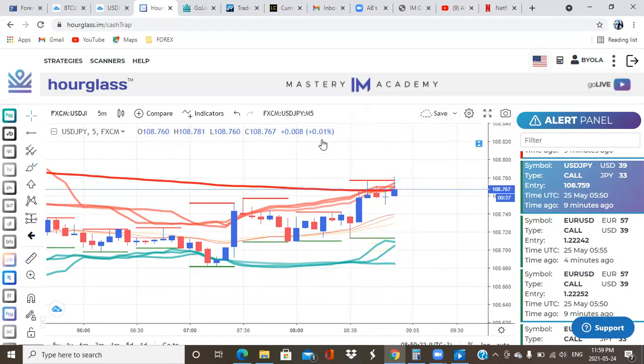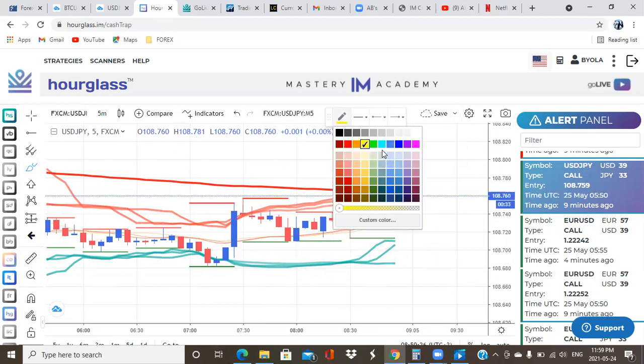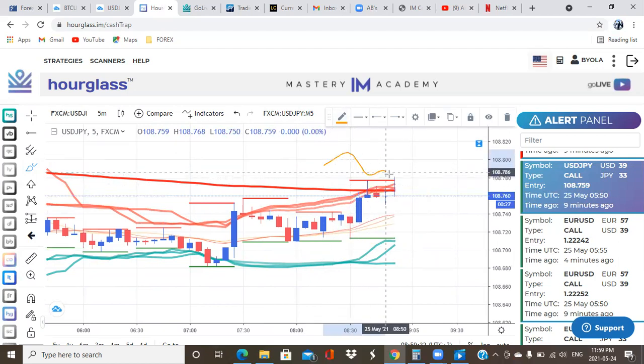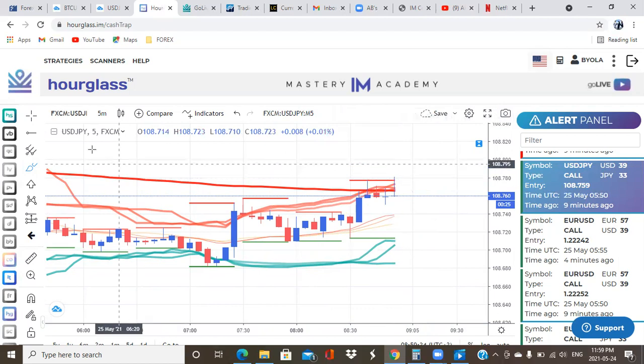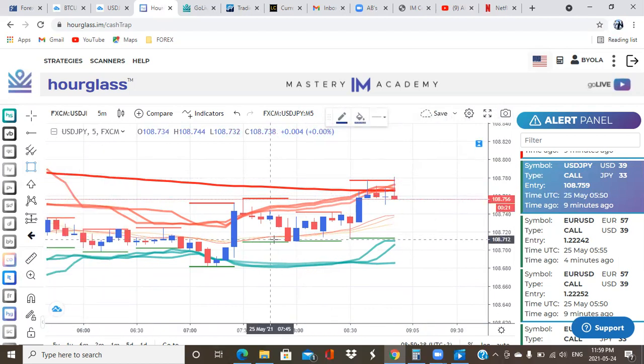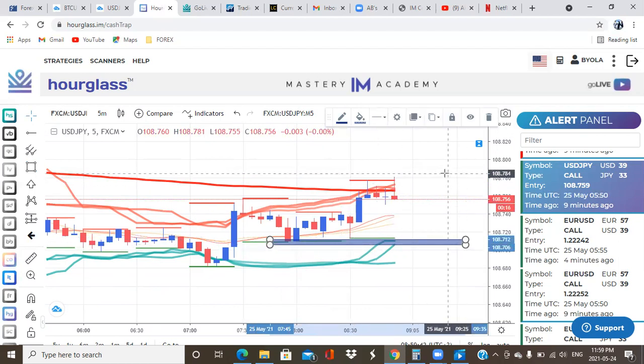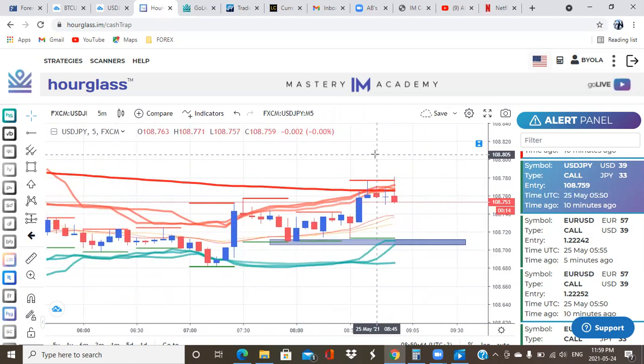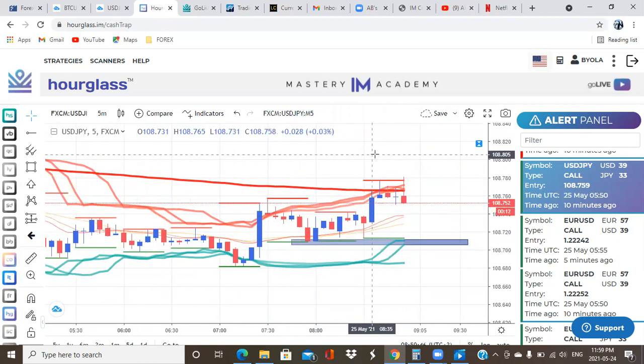Let me change the color. Let me look for a brighter color. Yellow is still a good color. Okay, good. So I'll use that. Can you see this area that I'm marking up now? No way. Maybe the challenge is my screen, whether it's freezing. I'm using two laptops here, so I'm seeing the other one on the other screen.